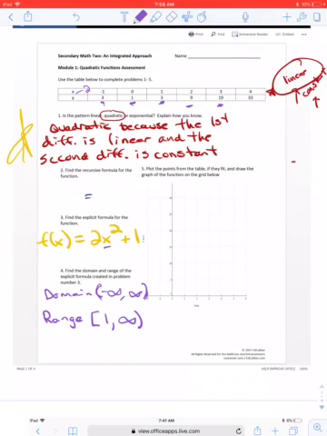Okay, number 5, plot the points from the table. If they fit, draw a graph of the function on the grid below. Okay, this is definitely the easiest of the 5.